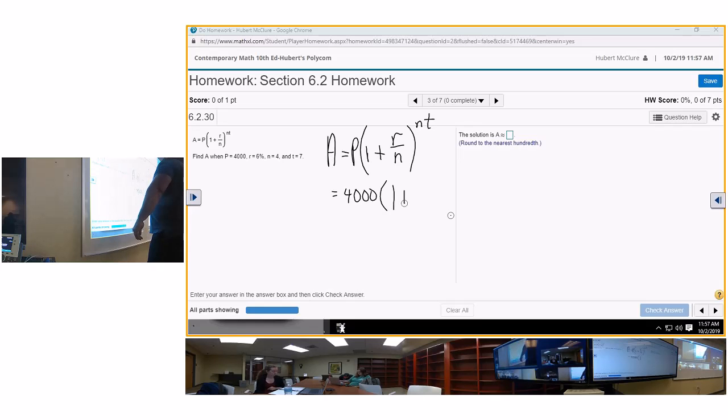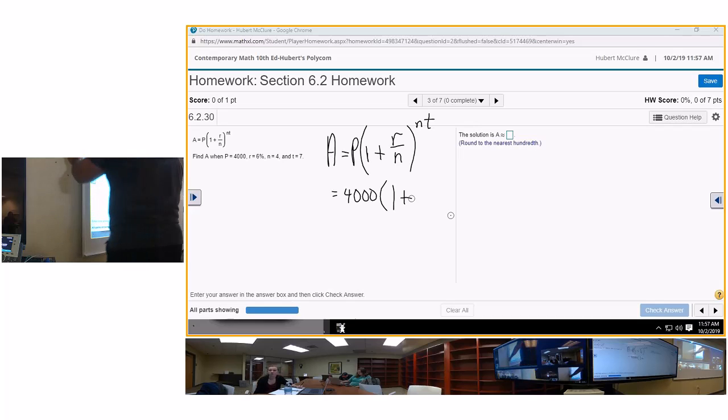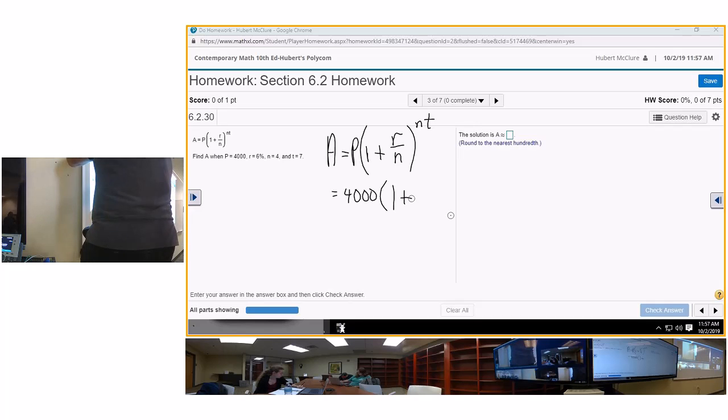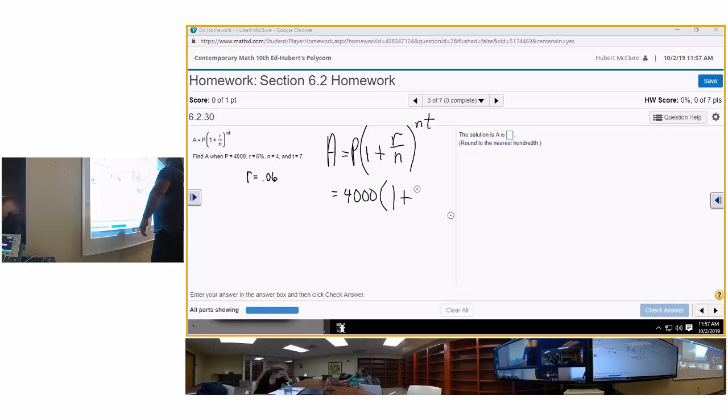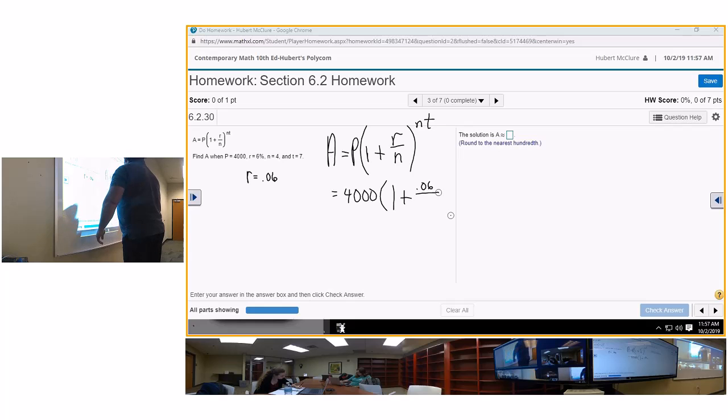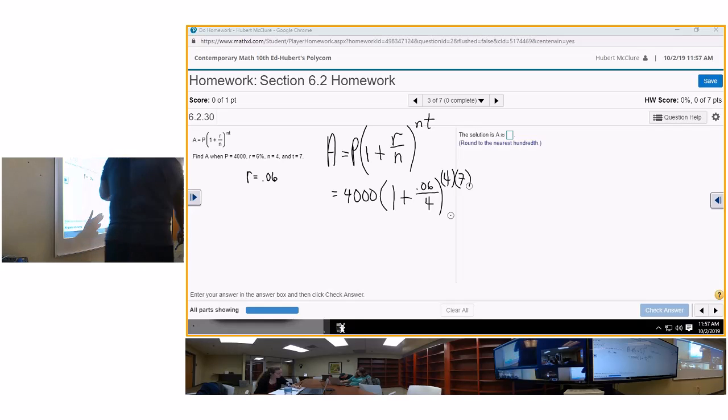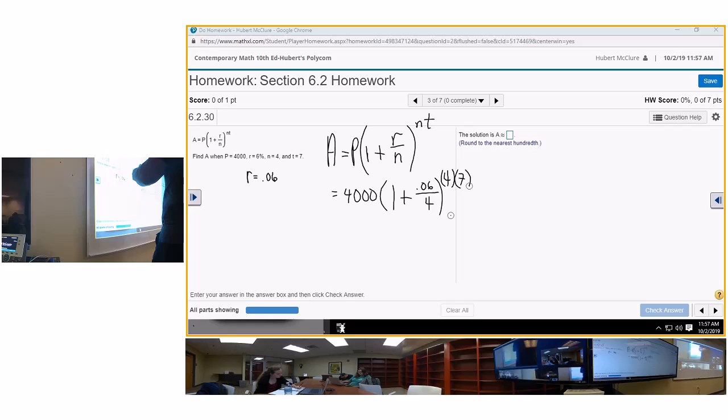One plus, what's R? R is 6%, but we can't plug 6% in there. So what do we have to do? We have to change it to what? 0.06 over, what's the N? 4. Raised to the 4 times what? 7. So you put $4,000 in the bank that's paying 6% interest. What will you get after 7 years?